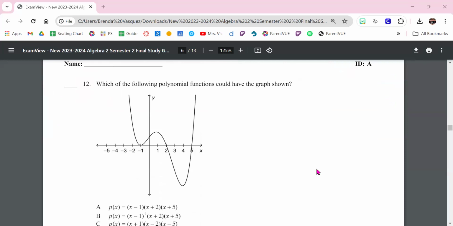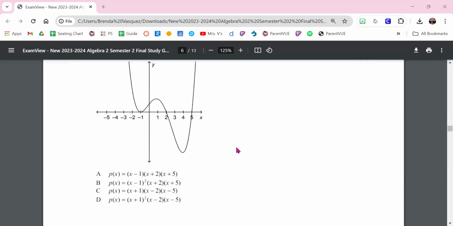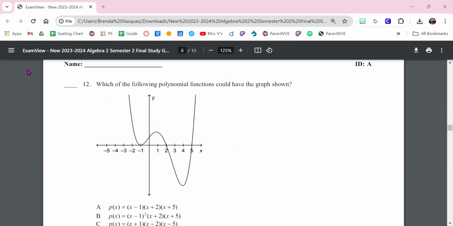Now we had to find the zeros. Now we have to go backwards. We are given the graph, and we have to find what the zeros are and what the possible function should be or could be. Let's look at the graph. Again, the zeros are wherever it intersects the x-axis.